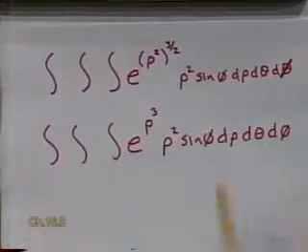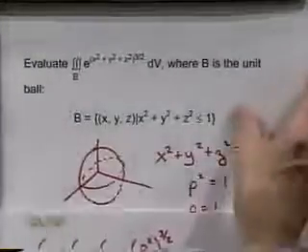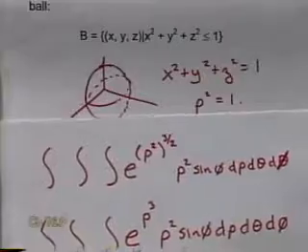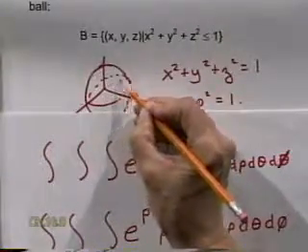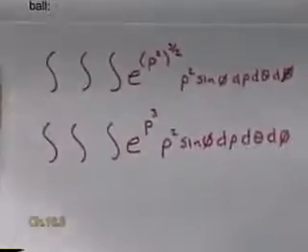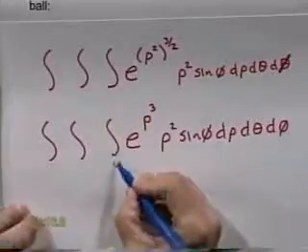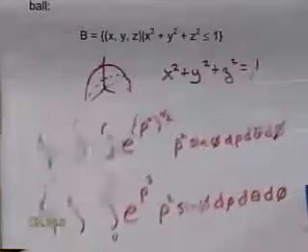Okay, now we have to put in what the limits of integration are. So let's go back and look at our picture. Now remember, rho is how far you are from the origin. So if I take an arbitrary spoke from the origin, I'm going to go from a distance of 0 to a distance of 1. Piece of cake. Now, I chose to do d theta next.